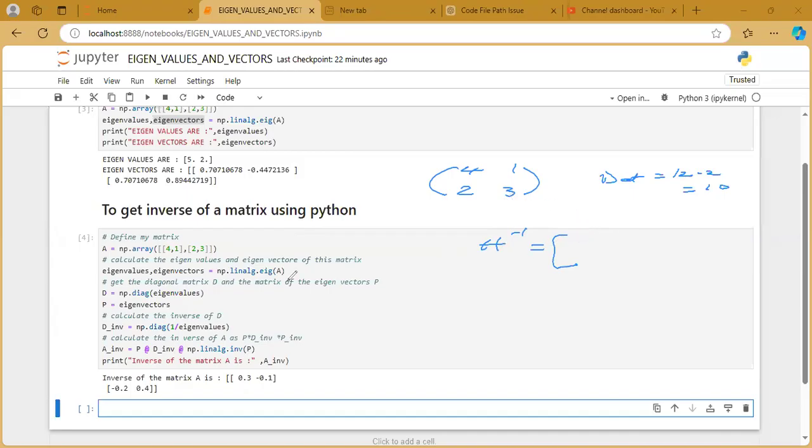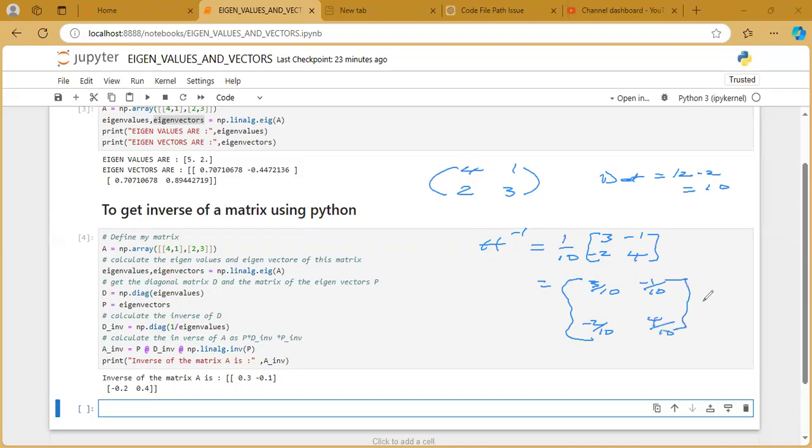So by hand, it is supposed to be equal to 1 over the determinant, which is 10, times the matrix with 3, minus 1, minus 2, 4, after swapping the positions, because these are the cofactor matrix positions. Bringing the constant into the matrix, this becomes 3 over 10, minus 1 over 10, minus 2 over 10, and 4 over 10.